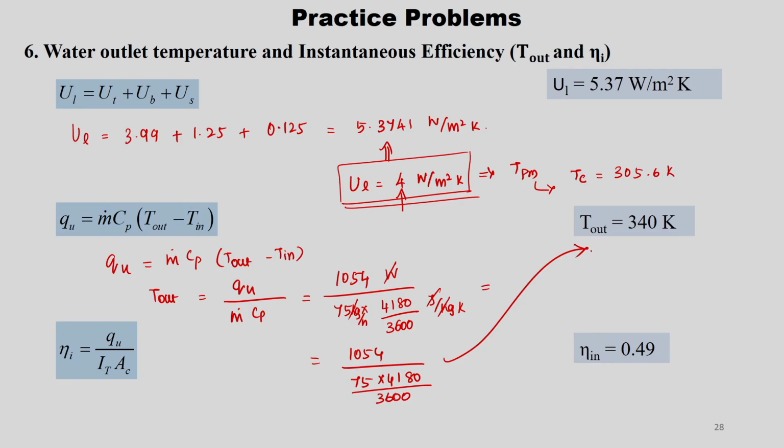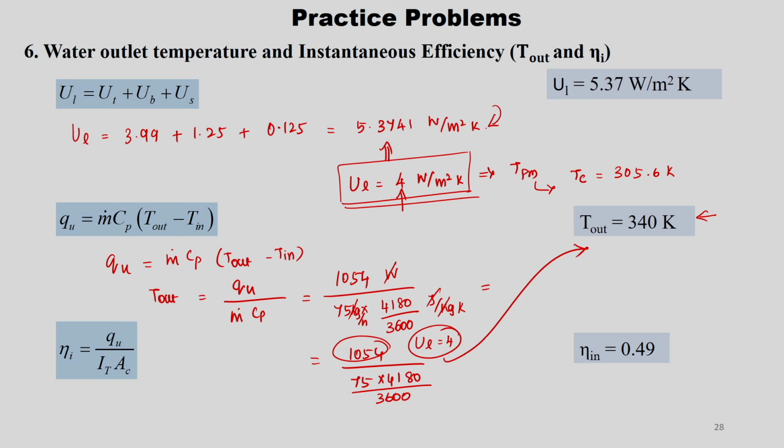So, if you see what is wrong here, the prediction of whatever we are getting, T outlet temperature as 340, is wrong. Why is it? Because the 1054 QU that we calculated is based on UL 4, right. But whatever we got through the calculation is 5.3, but still we are learning the method and we will recorrect or re-guess this UL value and try to predict the correct outlet temperature.